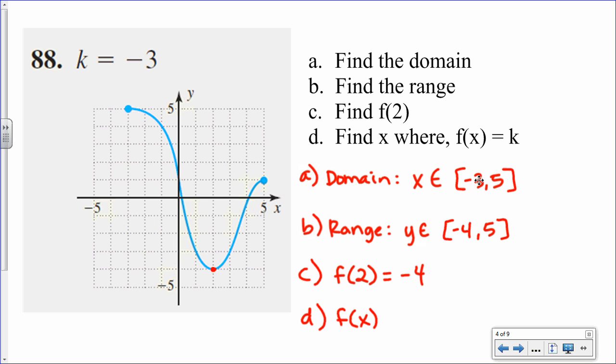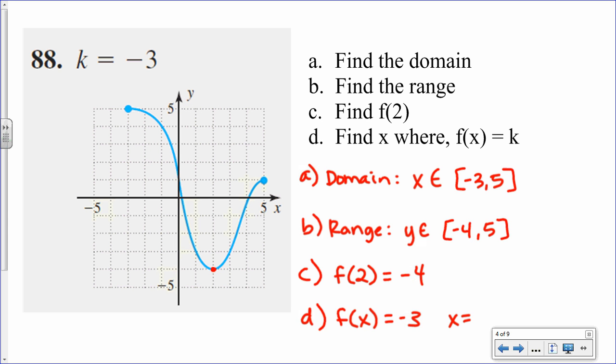And then I'm looking for x when f of x equals negative 3, because that k value is negative 3. So Corey, is negative 3, what it gives me, an x or a y value? So what is x when y equals negative 3? Good.